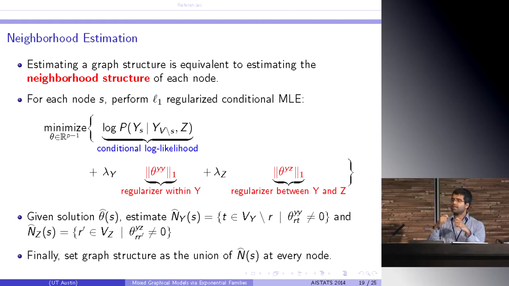I reduce it to recovering the neighborhoods of each node. And how do I recover the neighborhood of each node? What you do is just solve for the conditional MLE. Just solve for the conditional distribution, and imposing appropriate structural regularization, you can actually recover the set of neighbors of every node. So that's what we do.